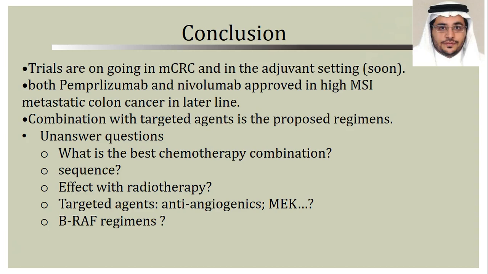The question to answer is, what is the best chemotherapy combination, FOLFOX or FOLFIRI? Or what is the best sequencing, where should we put the immunotherapy, first line, second line, third line, what should we do after the immunotherapy, and what is the effect with radiotherapy. There are a lot of trials in head and neck, for example, and another phase 2 trial in rectal cancer with radiation treatment, and we are still waiting for the results.